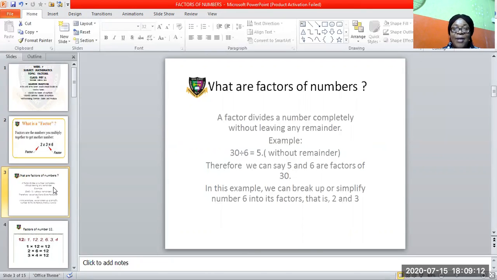Therefore, we can say 5 and 6 are the factors of number 30. In this example, we can break up number 6 into its own factors, which will give us 2 and 3.